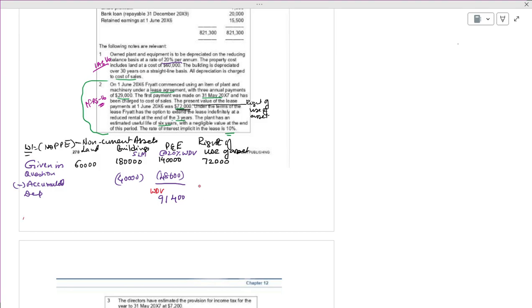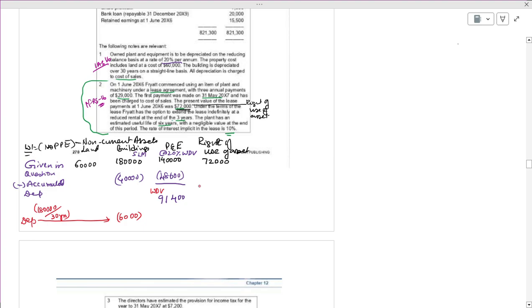Now you calculate depreciation. For the buildings, how many years? 30 years. Buildings 30 years. Fine. How much is there? 180 divided by 30 years. It comes to 6,000.